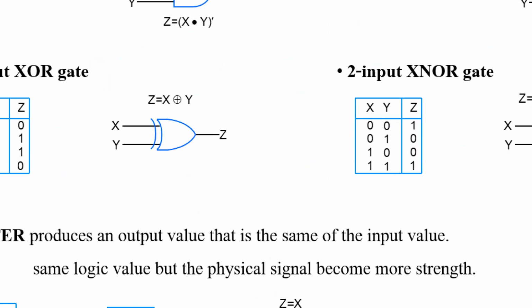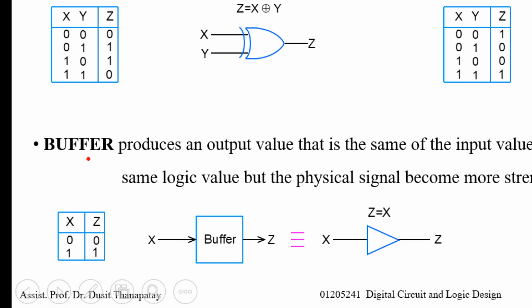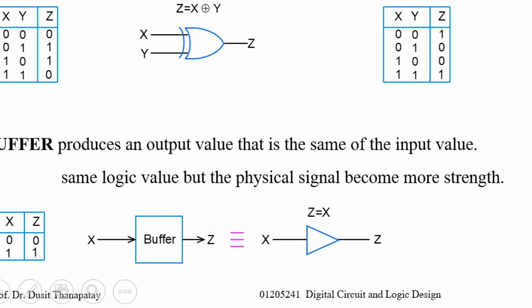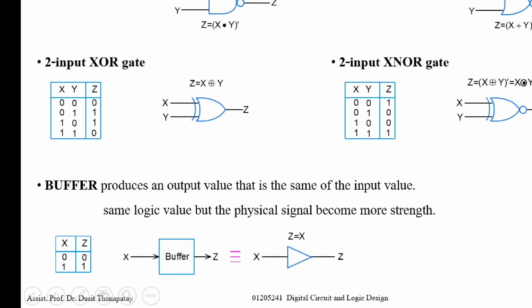And the last one that I want to introduce to you is the buffer. For a buffer, the logic input and output are the same. Namely, if you apply 0, the output will be 0. If you apply 1, the output will be 1. For the logic symbol, use this one. It is used to produce a signal that has more states.